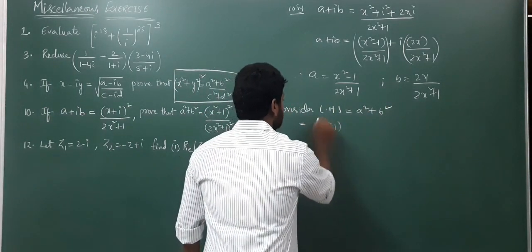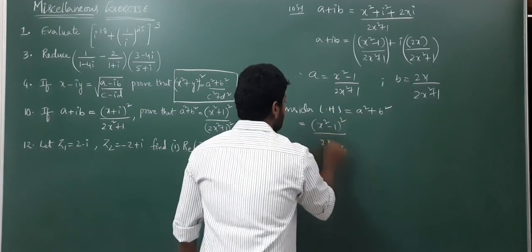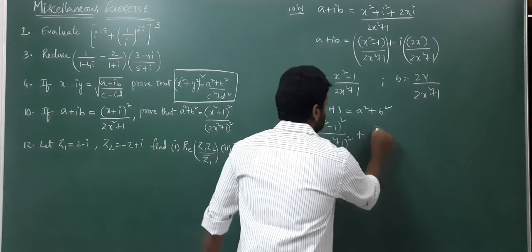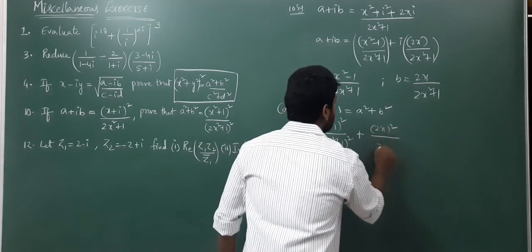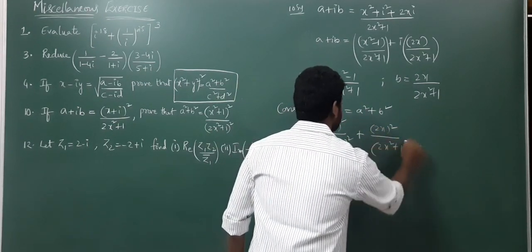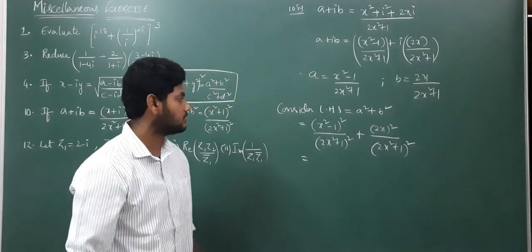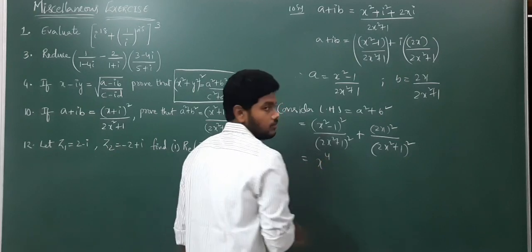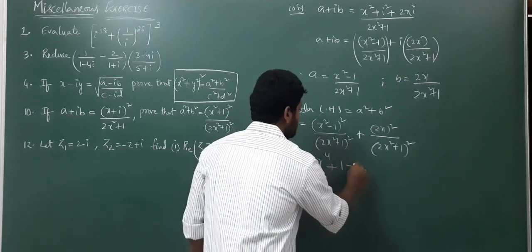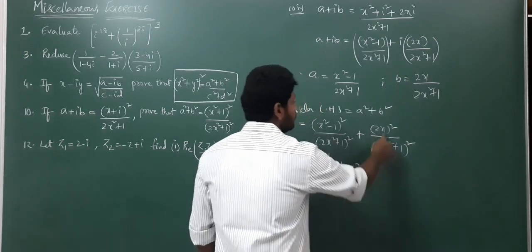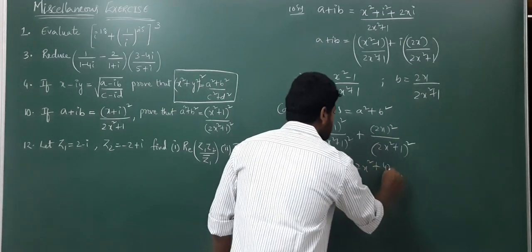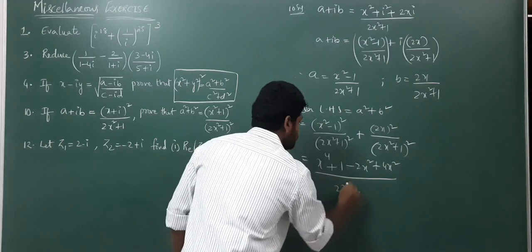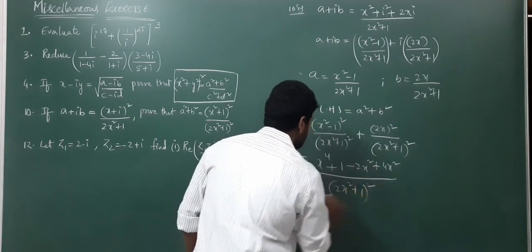X square minus 1 whole square by 2x square plus 1 whole square plus b square, 2x whole square divided by 2x square plus 1 whole square. Expand this. A minus b whole square formula, which is x power 4 plus 1 minus 2x square plus 2x whole square, which is 4x square divided by, here LCM is same, that is 2x square plus 1 whole square.